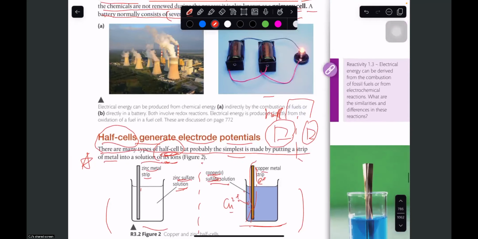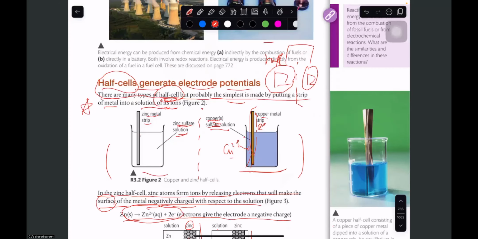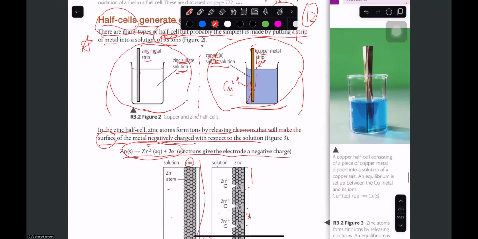And all these voltaic cells have two parts. Every part we call the half cell. To build the half cell, the general method is to put the metal into its sulfate solution, right? For example, we use a zinc metal strip and immerse it into the zinc sulfate solution.